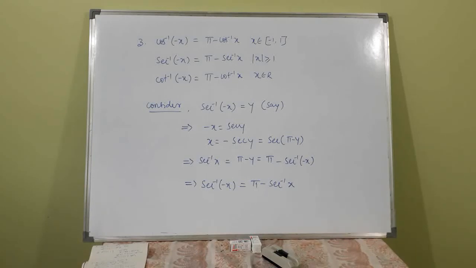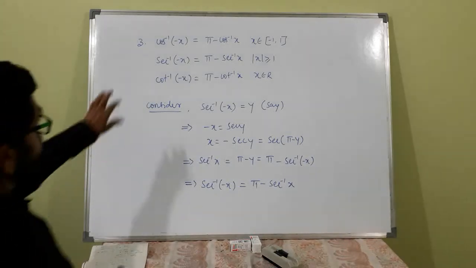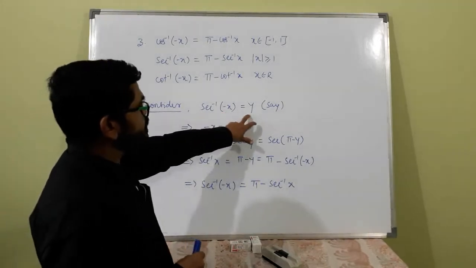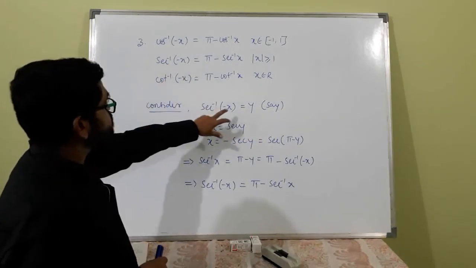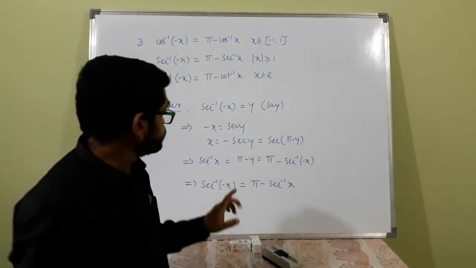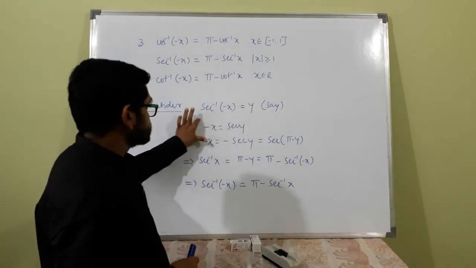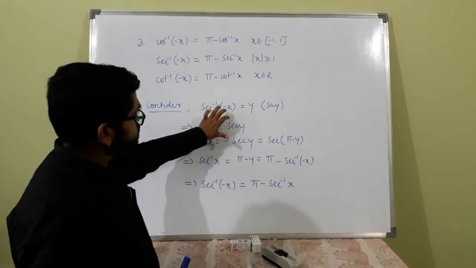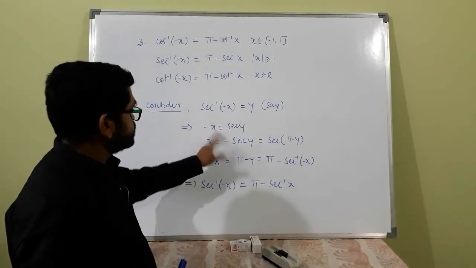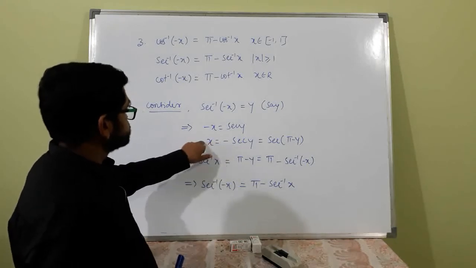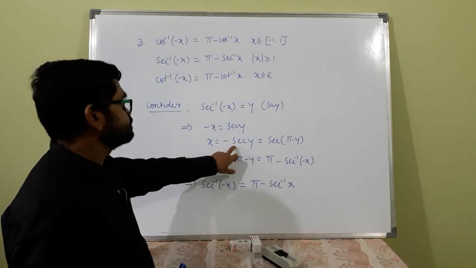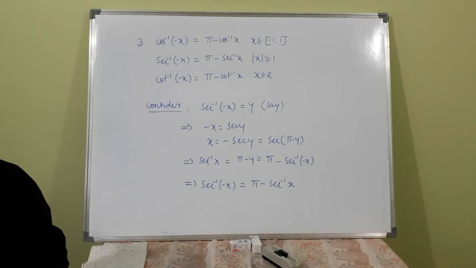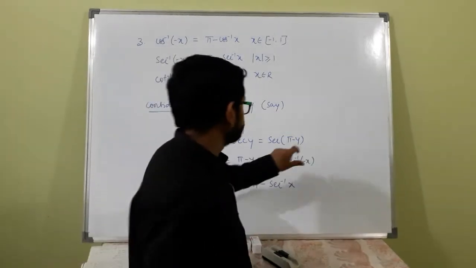The same procedure follows. If you consider the second one, let us take secant inverse of minus x is equal to y, then minus x is equal to secant y. Taking secant on both sides, this will eliminate, and minus x becomes secant y. If you multiply throughout the equation by minus 1, plus x will be minus secant y. So minus secant y is the same as secant of pi minus y.